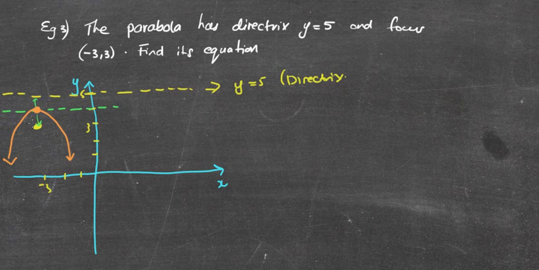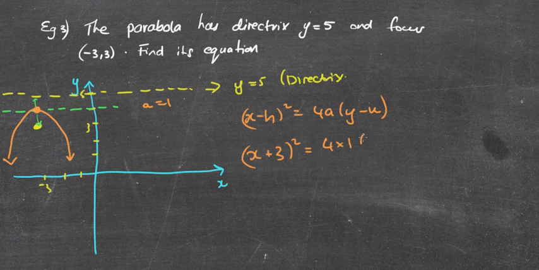Alright, so you can see what I mean by drawing it. It makes it a lot easier because now I can clearly see that a is equal to 1. So if I'm looking at my equation, we've got x minus h all squared equals 4 times a times y minus k. So x minus h is going to be minus 3 squared equals 4 times a y minus k.